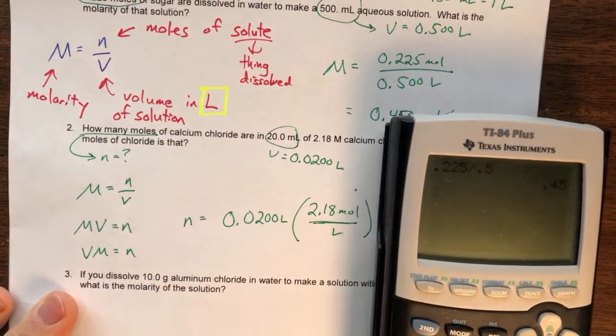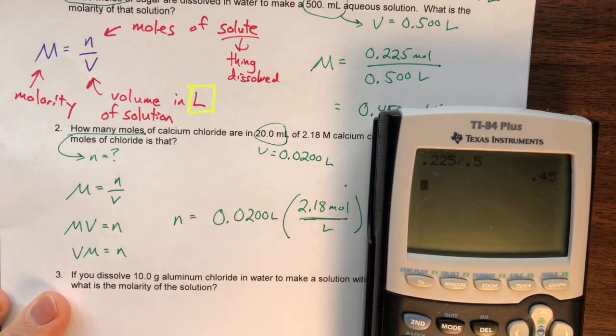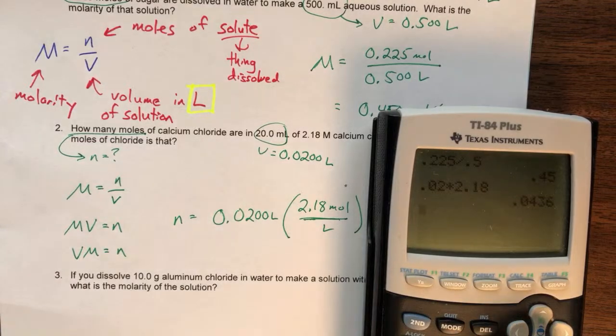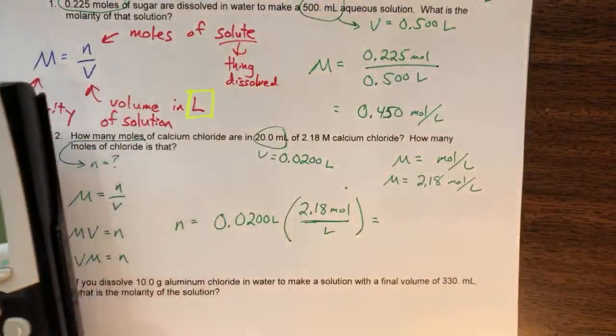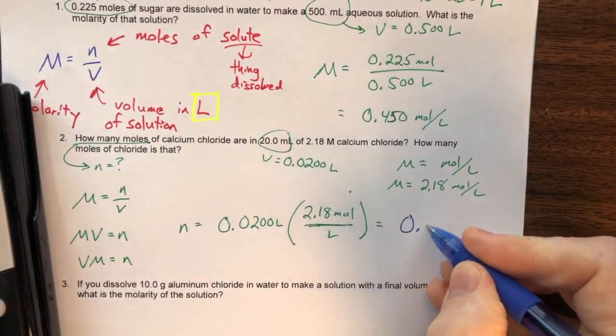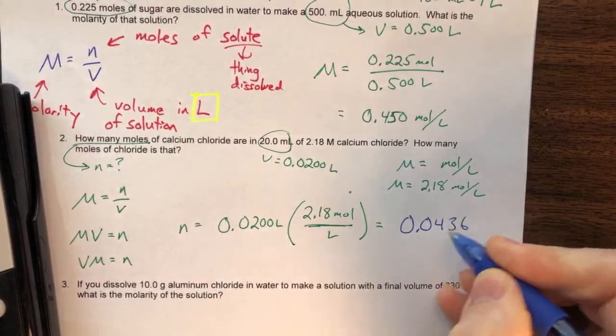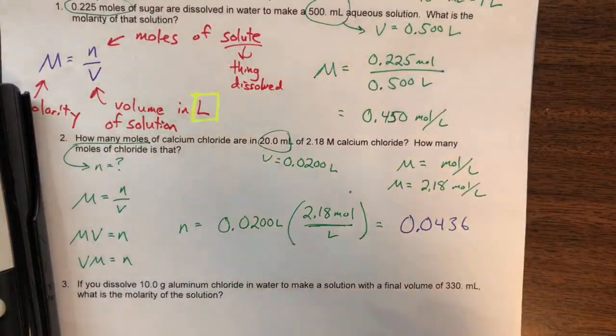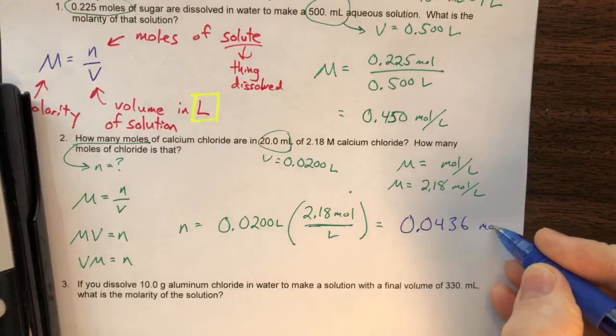It's going to be 0.02 times 2.18, and it gets us 0.0436. And our units, well, we know that we're solving for moles, so the units, of course, are moles.